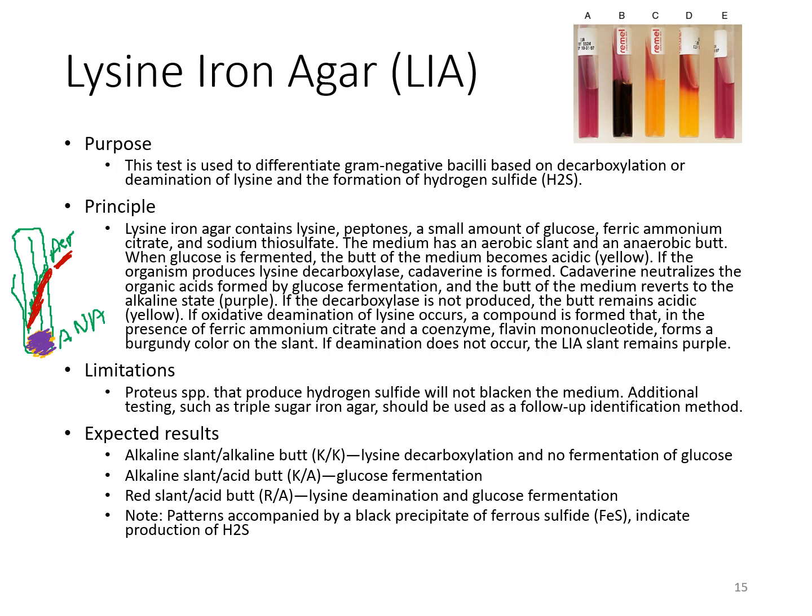So here in the top corner, here are some images of some of those different things that have happened. With your very first slant, you have an alkaline environment. So you have the lysine decarboxylation that has happened, but you do not have any fermentation of the glucose.